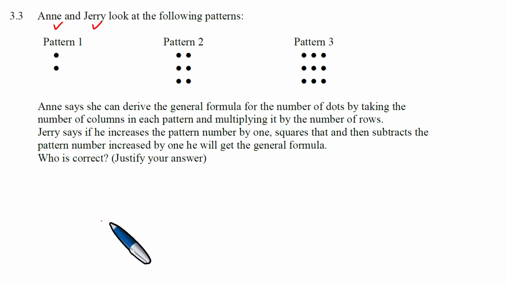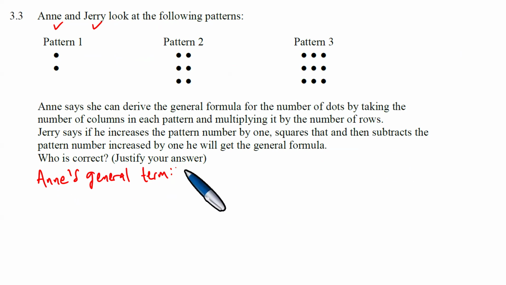So let us look at Anne's general term, Tn equals. Anne says that she can derive the general formula for the number of dots by taking the number of columns in each pattern and multiplying it by the number of rows.